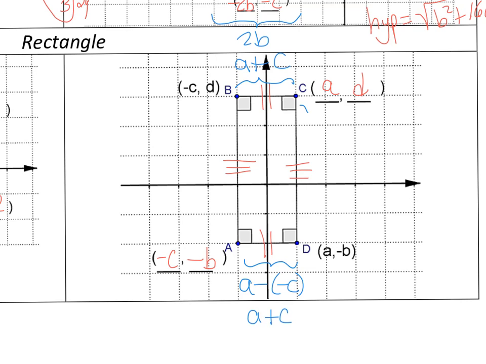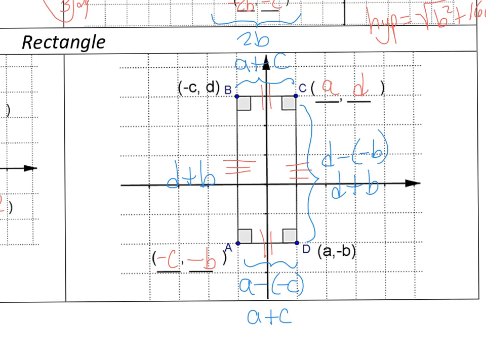And then the height, or I don't know, the width, I don't know how you want to describe these. We've got D minus a negative B. So that's D plus B is the length, and of course the same thing would be over here.